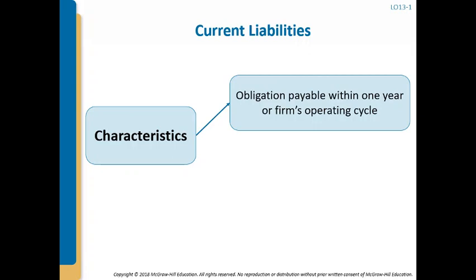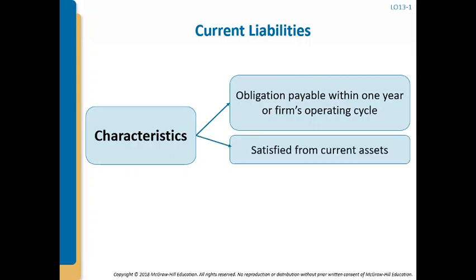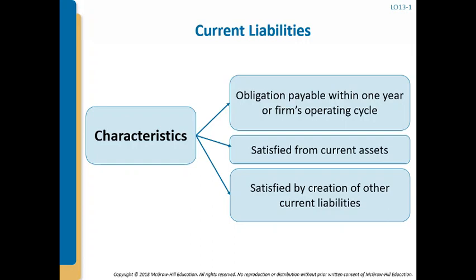Now, current liabilities are liabilities, or obligations, that must be satisfied within 1 year or the firm's operating cycle, whichever is longer. But usually for most companies, it's 1 year. It must be satisfied from current assets and/or satisfied by creation of other current liabilities.